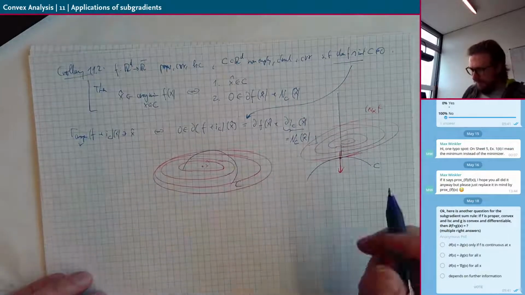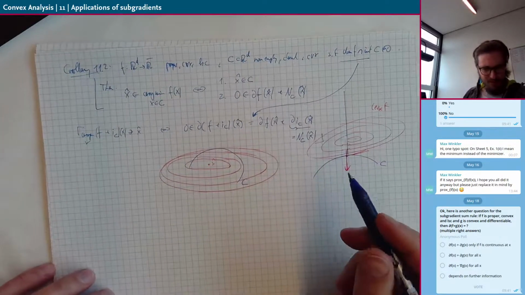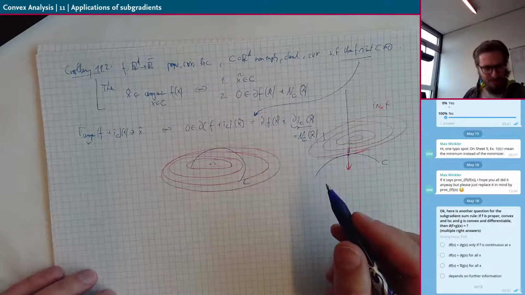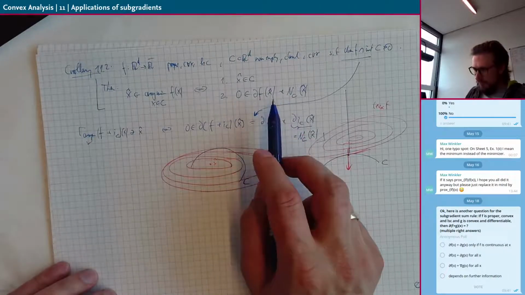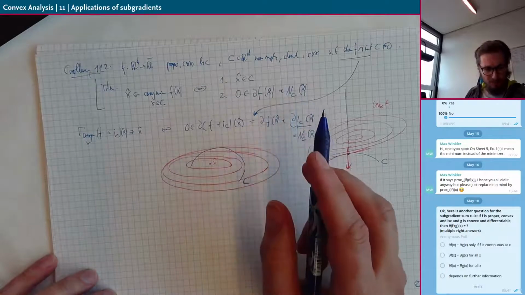That's nice, but there are a few reformulations which you can use, because we know how to describe being in the normal cone.